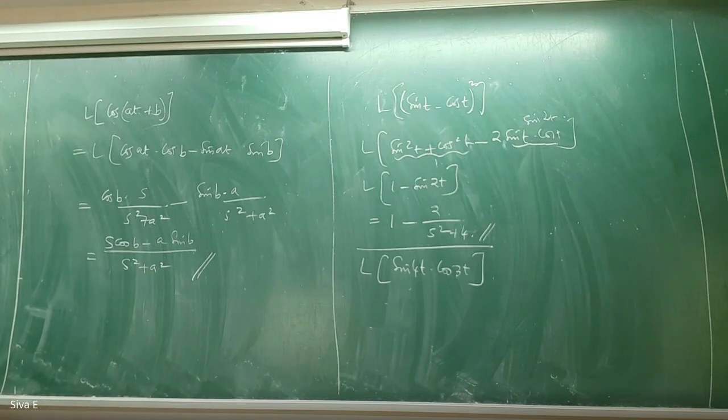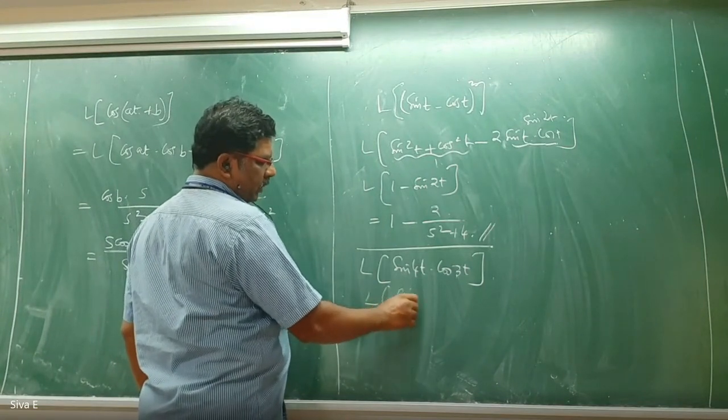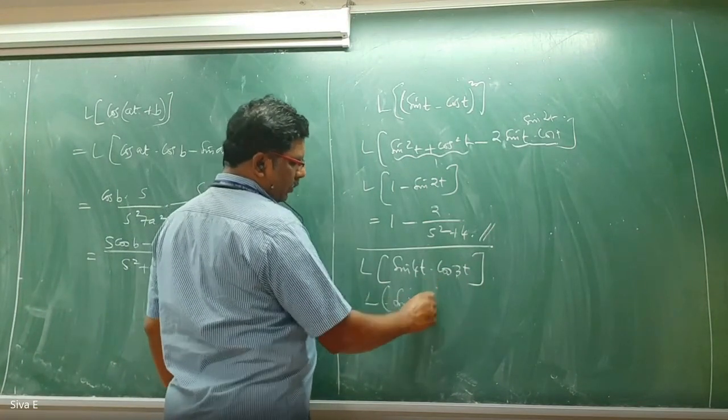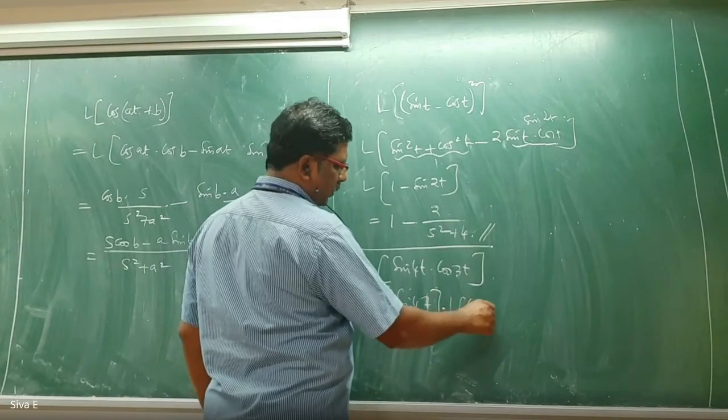Many of them made a mistake in this problem: they write it as Laplace transform of sin 4t into Laplace transform of cos 3t.